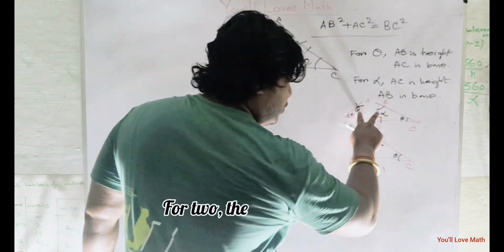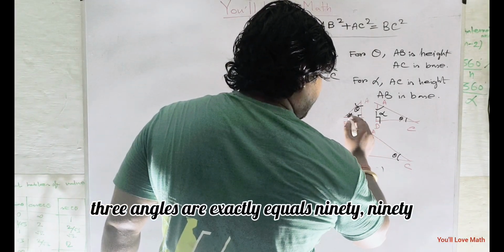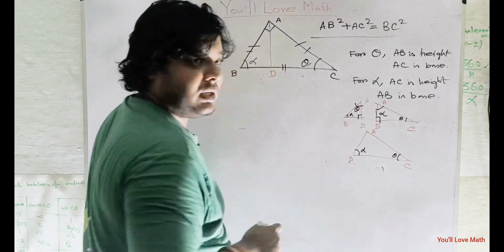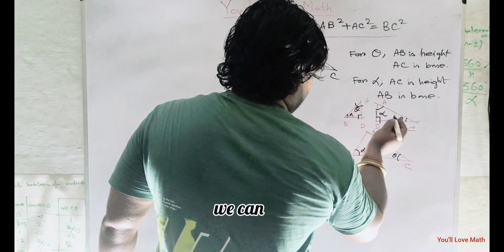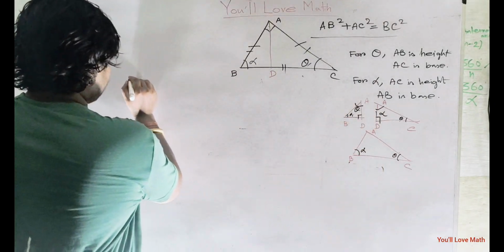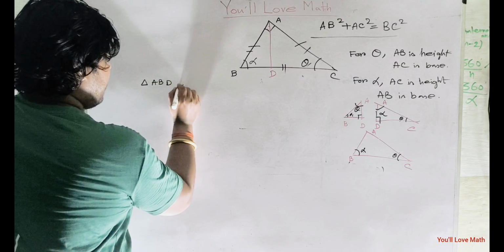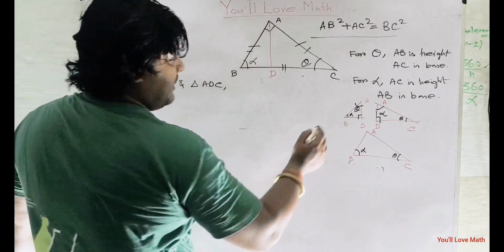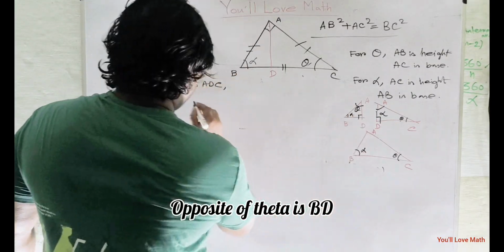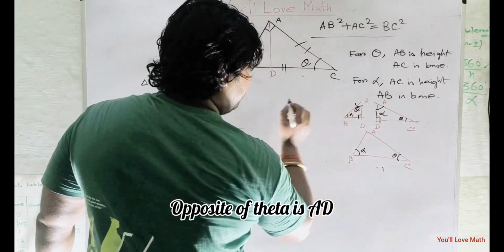Fine. For the two triangles, three angles are exactly equal: 90, 90, alpha, alpha, theta, theta. So now from ABD and from ADC, opposite of theta is BD, opposite of theta is AD.